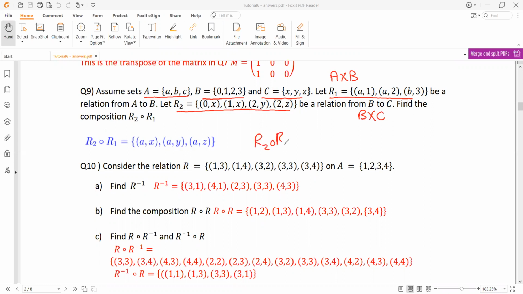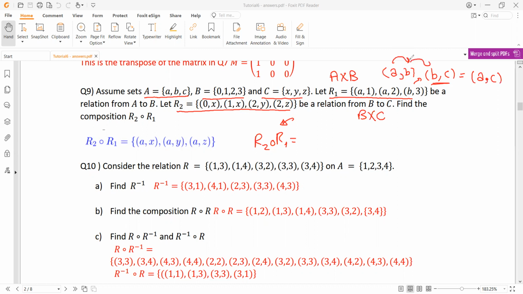R2 composite R1 means I'm going to start with R1 and find A goes to B from R1, followed by B goes to C from R2, and combine the two together and start with A and end with C, and that's it.